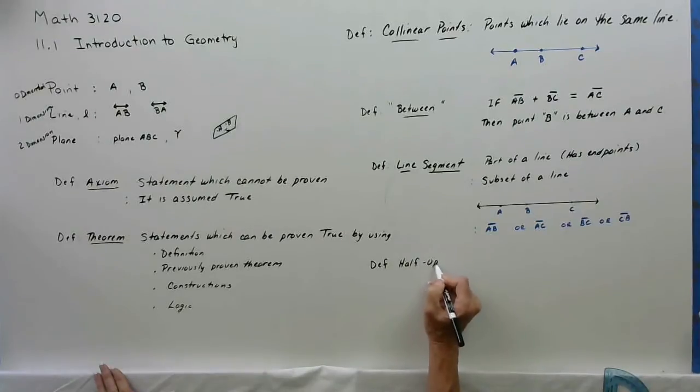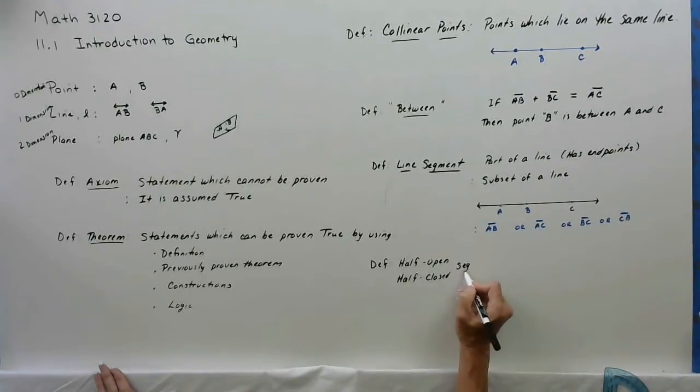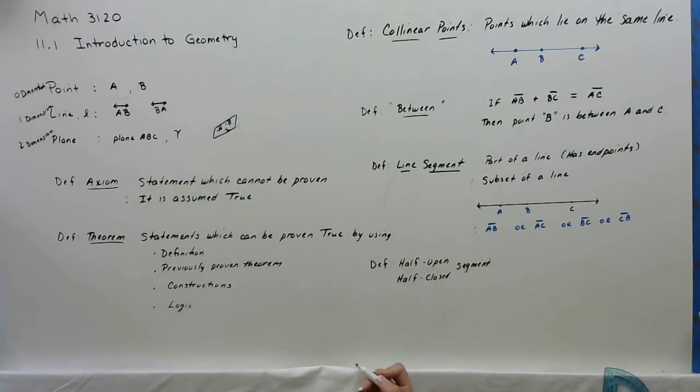Half open, some people prefer half closed segment. Okay, kind of like the glass is half full or half empty, kind of depends on how you look at it. So if it's a segment, we know it should look like a line segment.